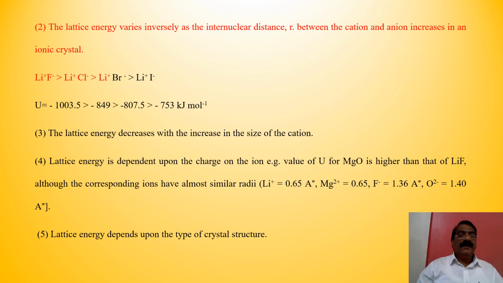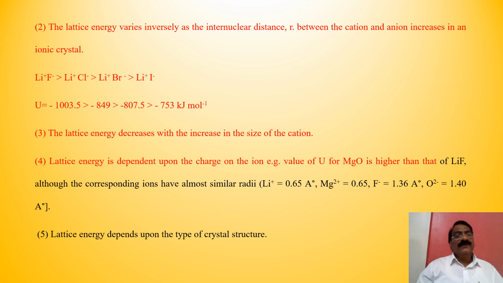See, here there are four crystals: LiF, LiCl, LiBr, LiI. Here the size of fluorine, chlorine, bromine and iodine goes on increasing, and as the size of one ion increases, the internuclear distance increases, and the lattice energy varies accordingly.